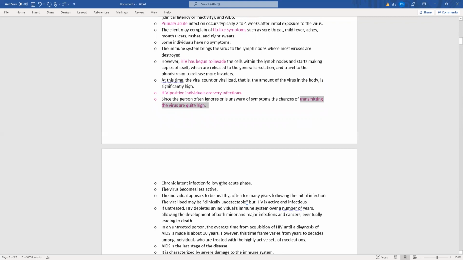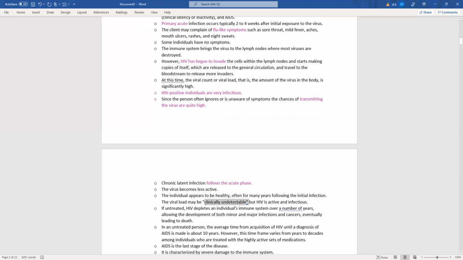Chronic latent infection follows the acute phase. The virus becomes less active. The individual appears to be healthy, often for many years following the initial infection. The viral load may be clinically undetectable. So that's when I say it lies dormant.